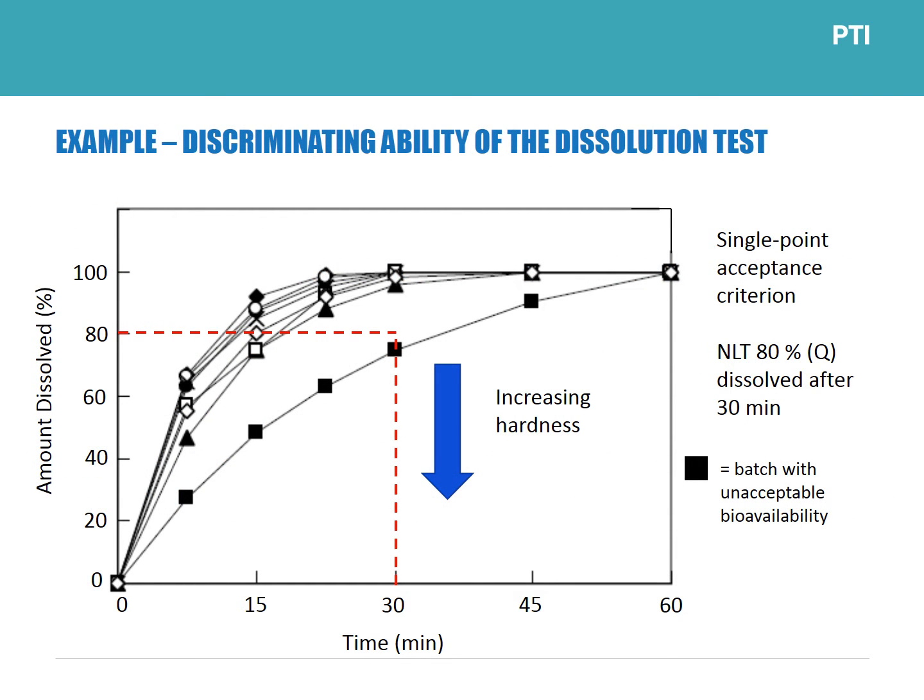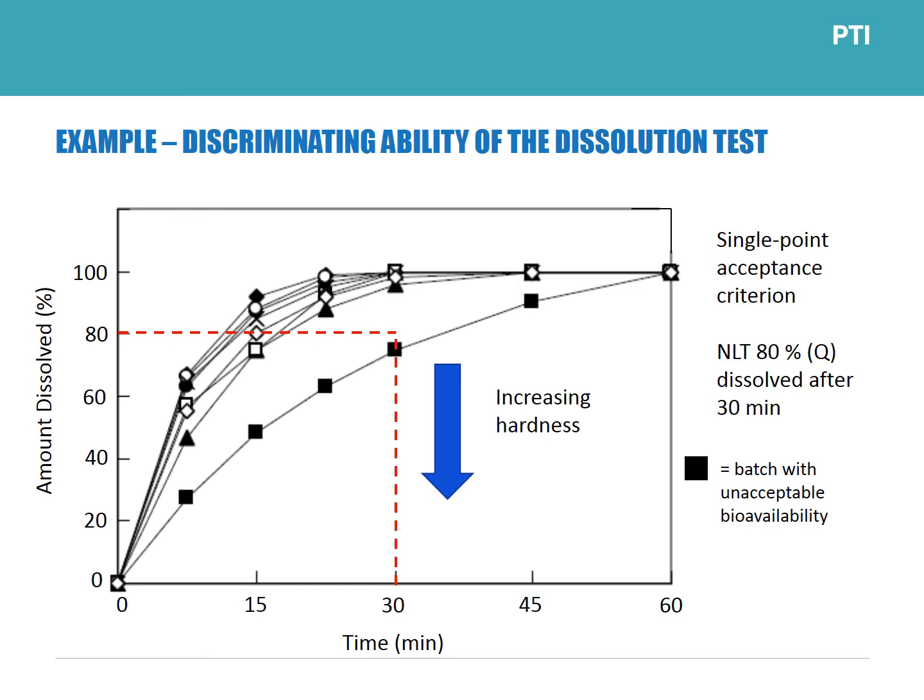So in this slide we're looking at an example of how we might use a parameter such as tablet hardness to set a specification for dissolution. Tablet hardness can change on stability storage, and it's also often a function of the compression force that we've used during manufacture of tablets. And the slowest dissolving drug product batch in this slide has unacceptable bioavailability.